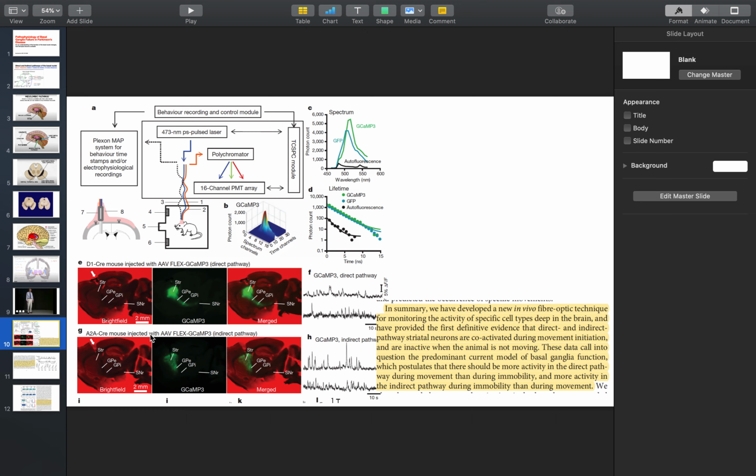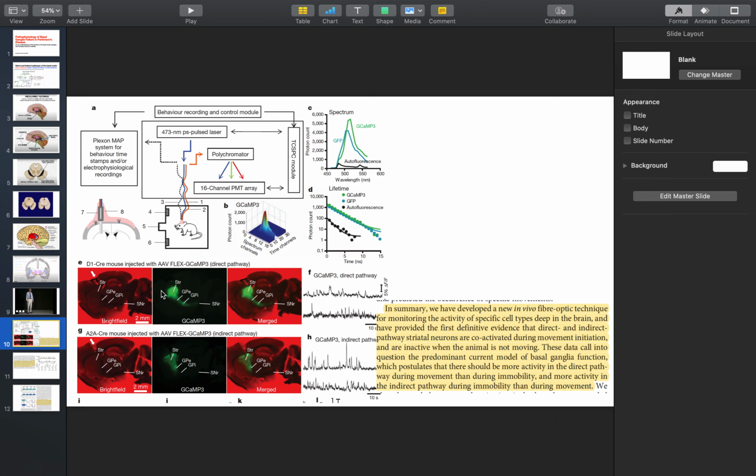And then in the indirect pathway, the A2A adenosine 2A Cre mouse is just injected with this marker for the indirect pathway to knock out D1, and then they labeled it so the fluoroscope could see the activity as the pulsed laser would send excitatory signals to the dorsal striatum.